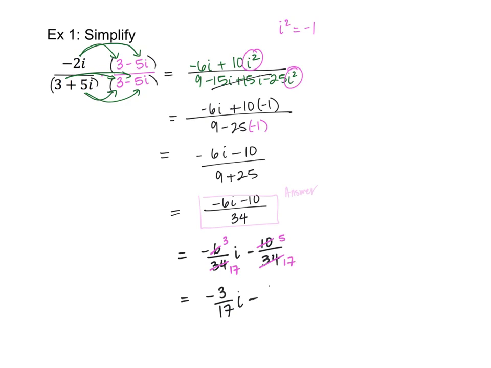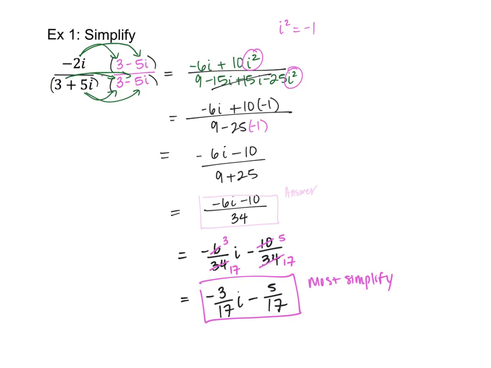And so that's negative 5 over 17. And then it looks like I can't reduce anymore, so this really is my final answer. So this would be considered the most simplified answer. Okay, but you can definitely leave your answer like it was here.